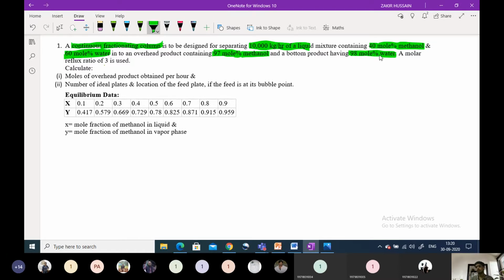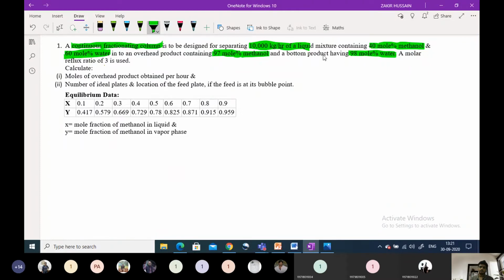XW is the mole fraction of the more volatile component in the residue, and XD is the mole fraction of the more volatile component in the distillate. So we are taking our variables such that everything refers only to the more volatile component. So 98% water means the remaining 2% is methanol in the residue. So XW is 2 divided by 100, which is 0.02.